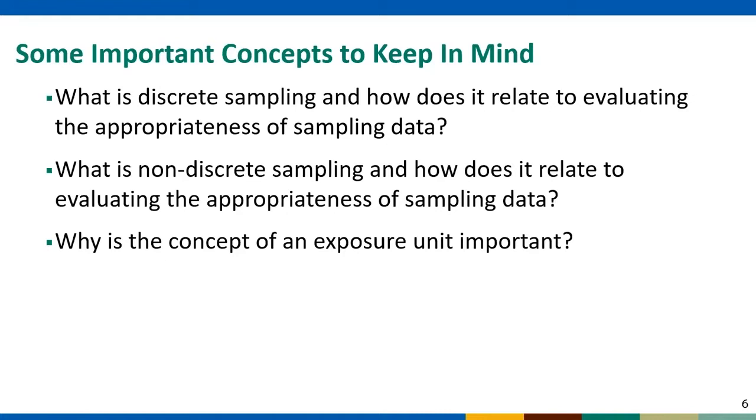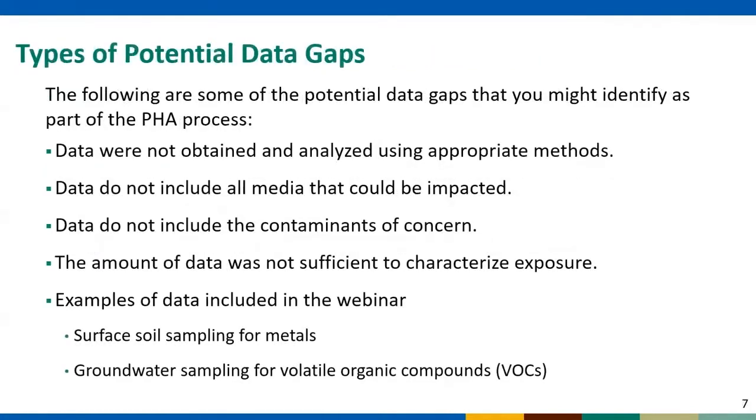Now we will discuss types of potential data gaps that you might identify as part of the health assessment process. For example, data were not obtained and analyzed using appropriate methods. Data do not include all media that could be impacted.